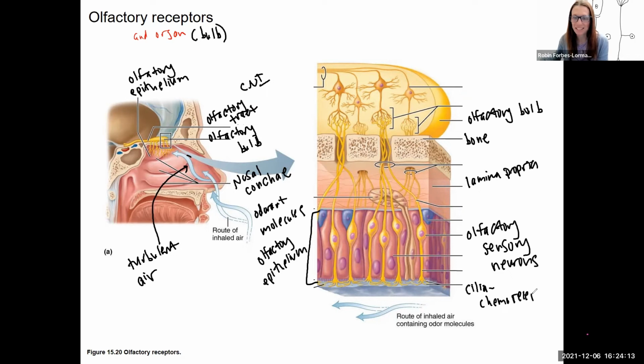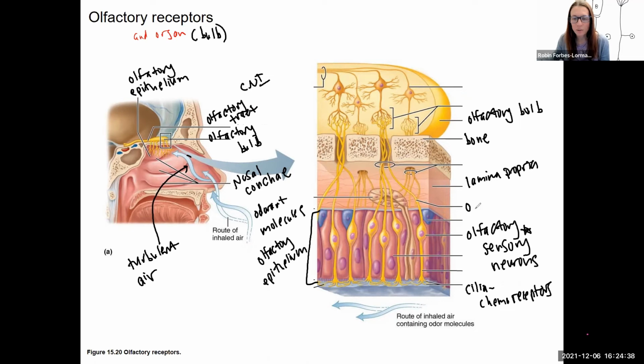That's how they're able to detect. So these cells contain chemoreceptors that bind the odorants, and these cells are the ones that are going to transduce that stimulus into a change in membrane potential that then is going to be transmitted. See how these all combine together here?